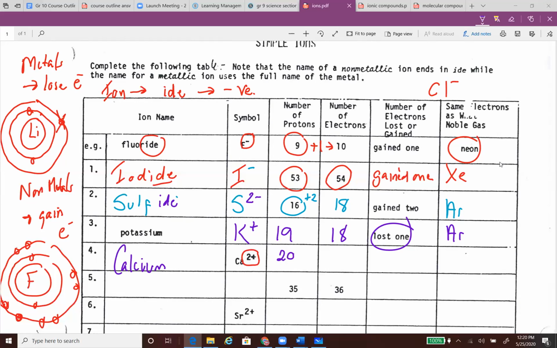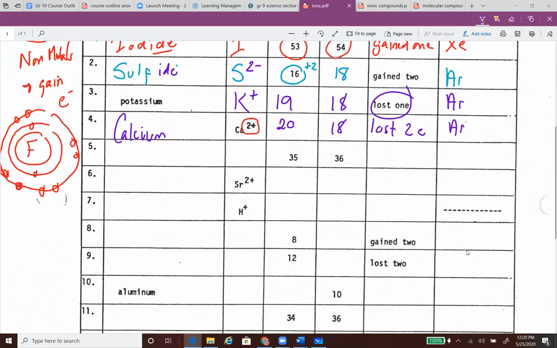It would normally have 20 electrons. But because it's +2, that means it lost 2 electrons. So it would have 18. Again, having the same number as argon. So hopefully you're starting to see a trend here, okay?